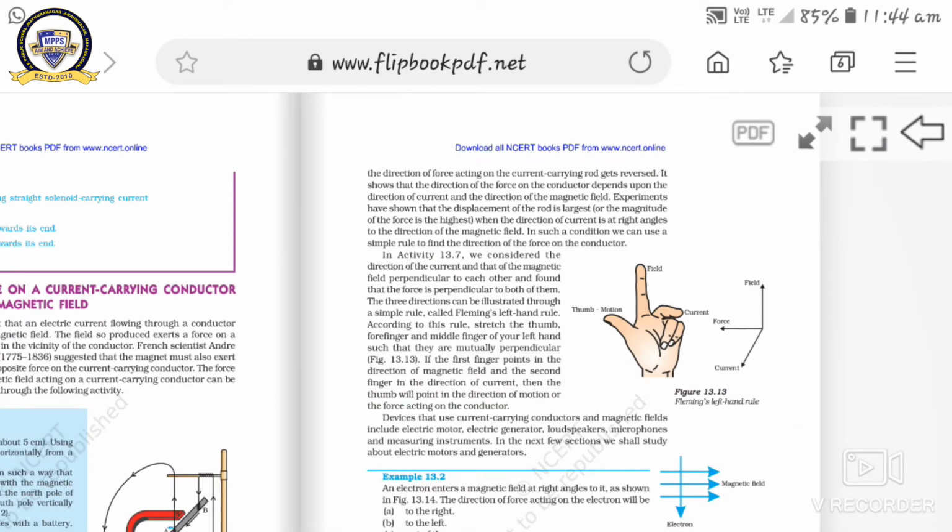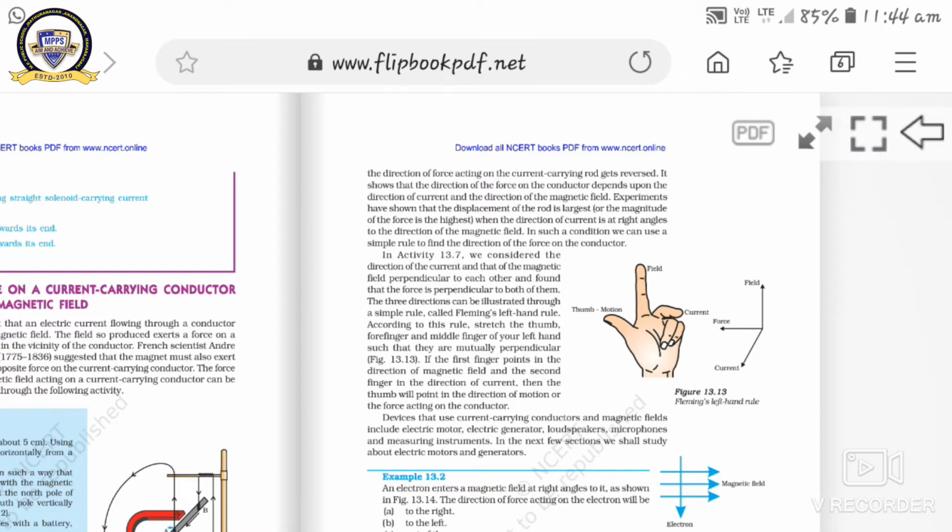It shows that the direction of the force on the conductor depends upon the direction of current and the direction of the magnetic field. So the force depends on two things: the direction of the current and the direction of the magnetic field.